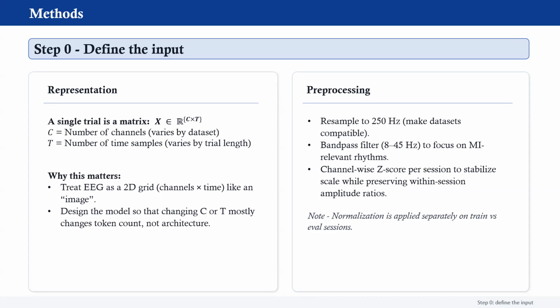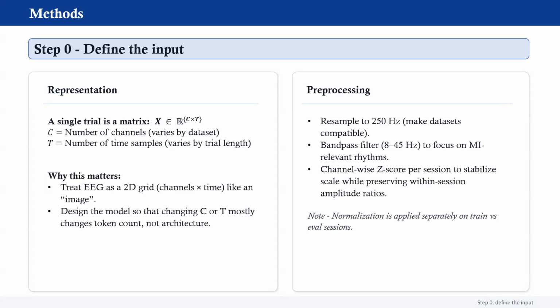So it essentially forms something like this. So it's C cross T. And essentially, this is to align it to this idea of an image. Keep in mind, it's not exactly an image. We are still working with the waveforms themselves, but they are aligning it to that same idea of a ViT. Okay, so this is our input.